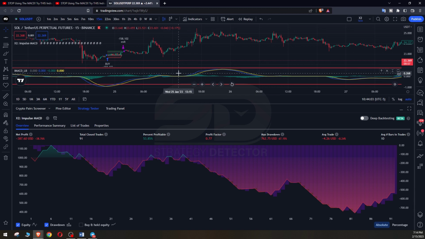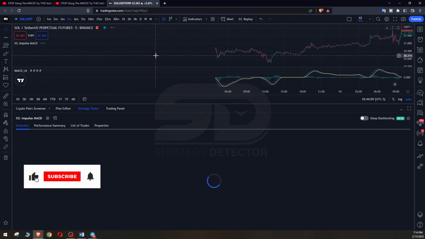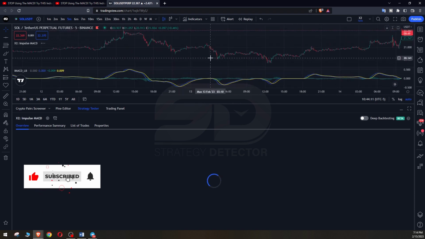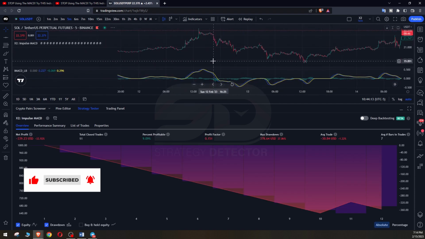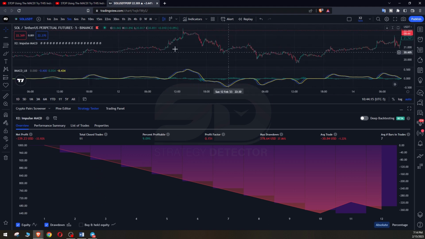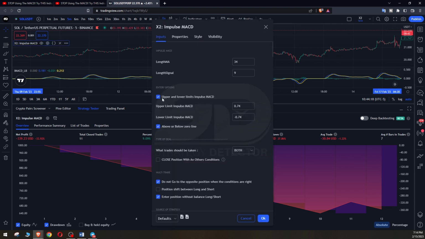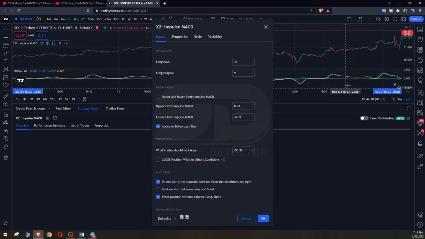If someday you wanted to use this strategy, you need to know that this is not a good strategy and it's not gonna bring you any profit and you will be losing your money. So I recommend that you don't trade with this strategy. You have to change this upper limit and lower limit for each currency or each time frame.